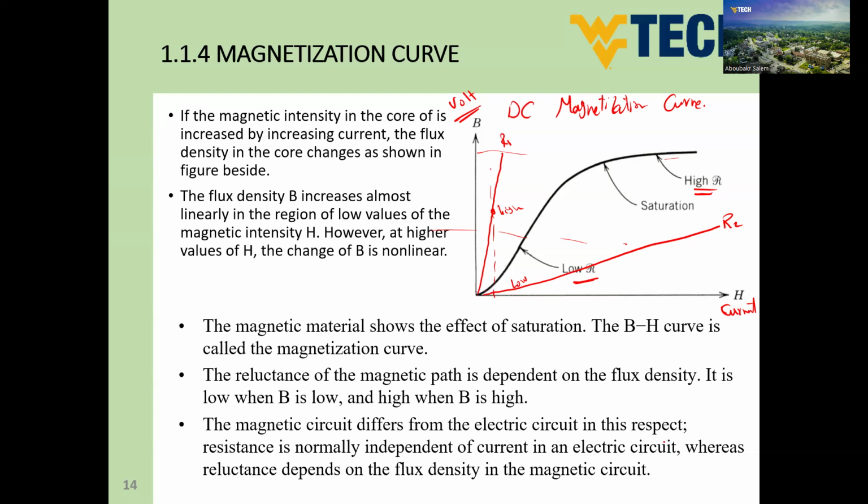Okay, but we just make the analogy in order to simplify the magnetic circuit so it can be solved as electrical circuits. Okay, so later on, guys, we'll discuss the AC magnetization and see how we can produce this BH curve from the AC or the BH loops of the magnetic material.